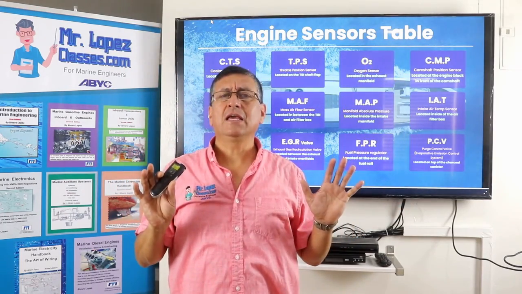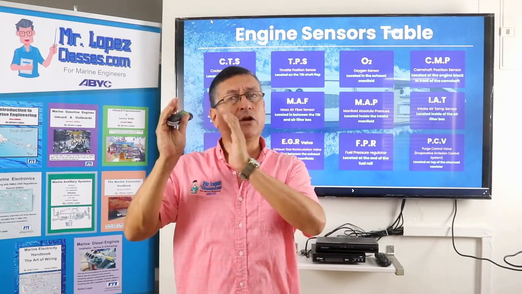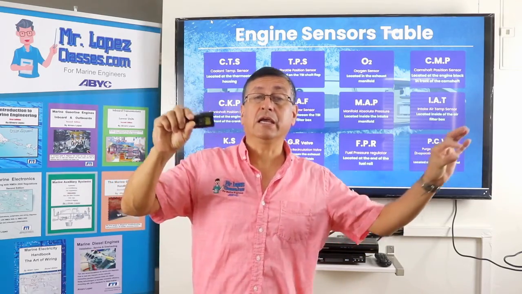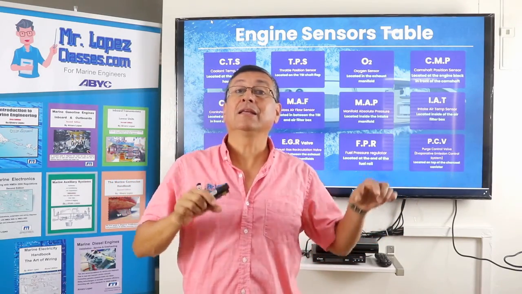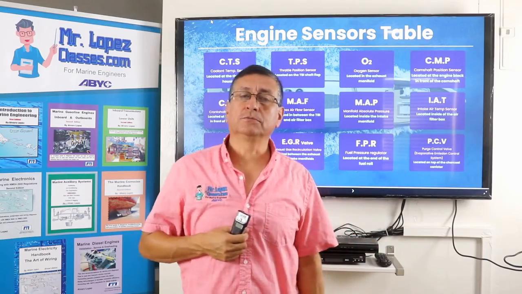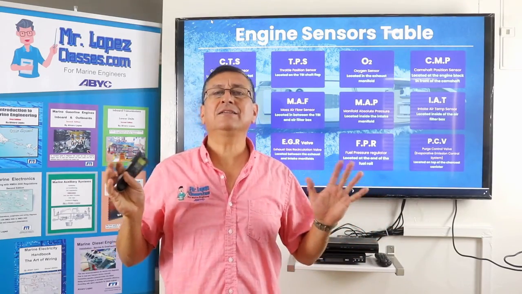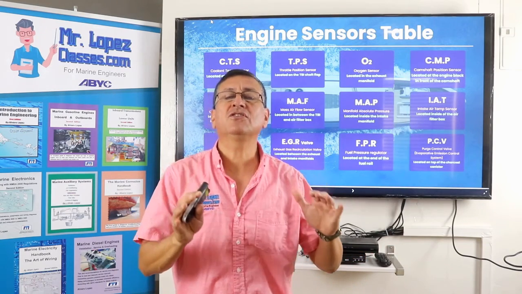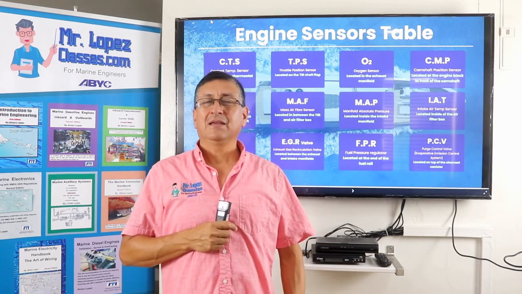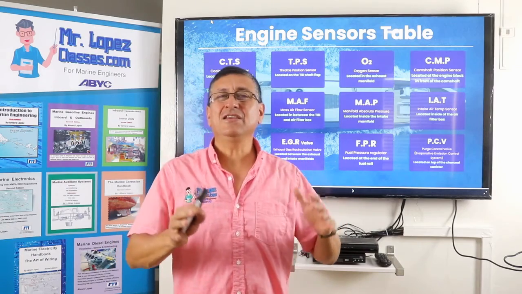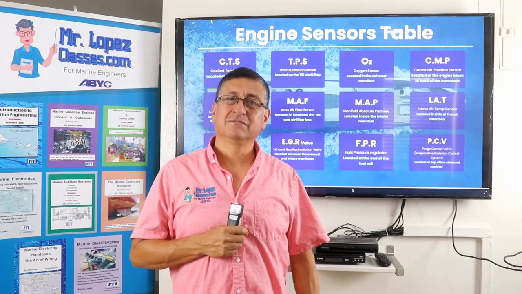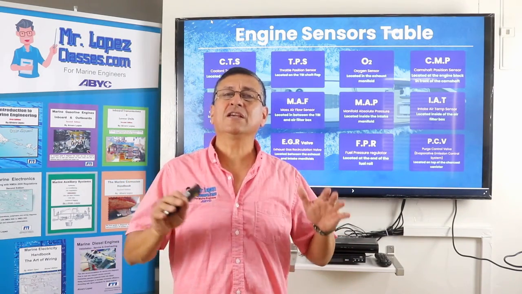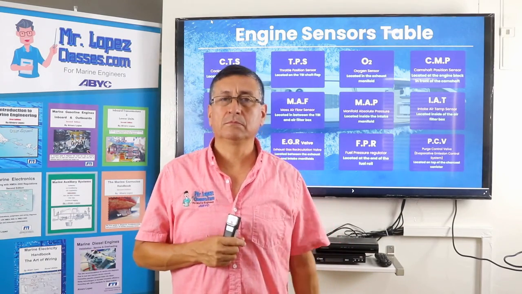At the end of the day, the harness is composed of the computer, the wires, the cable, the terminals, and the sensors. Yeah, this is a system. It's a complete system that administrates the engine. All of the engines are pretty similar, and all the sensors work in the same way.